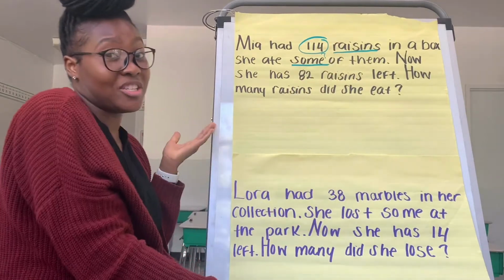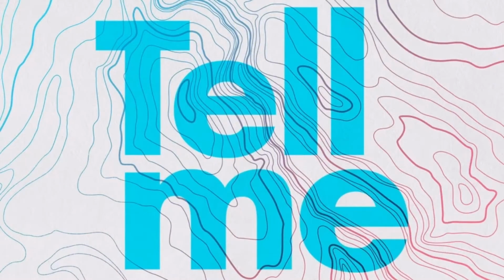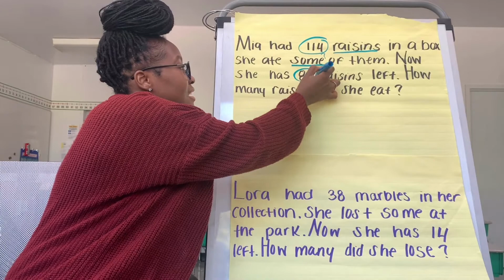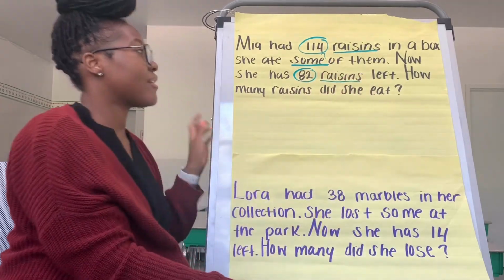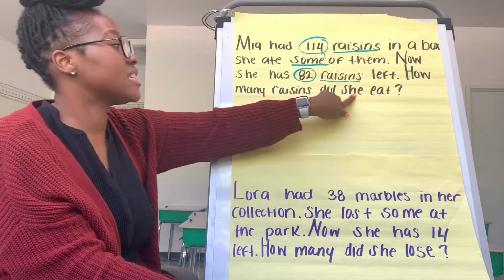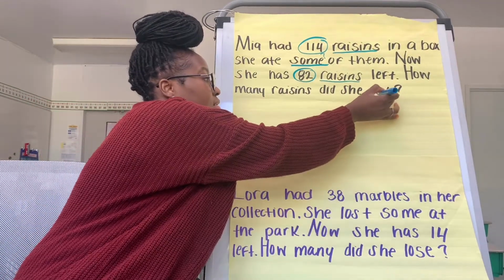We don't know how much. What else do we know? Yes, she has 82 raisins left in her box after she ate some. And we're trying to figure out how many raisins did she eat, because we don't know how many she ate.